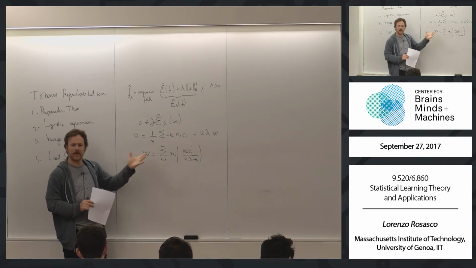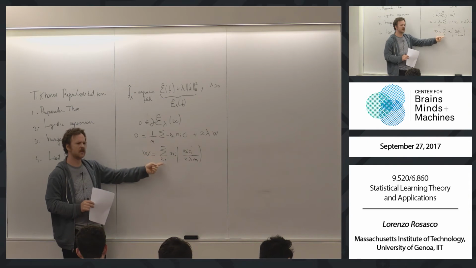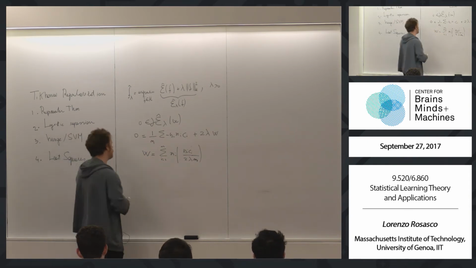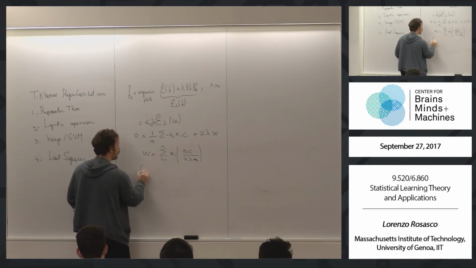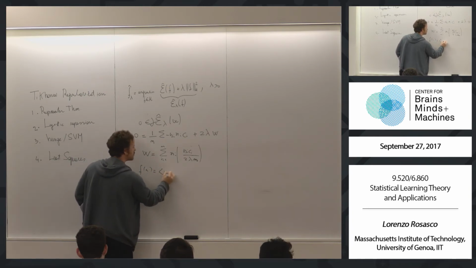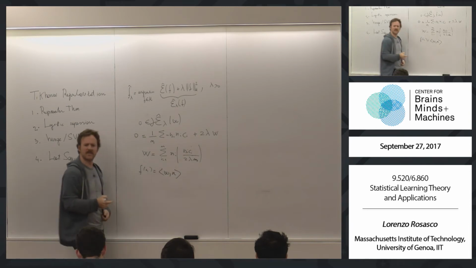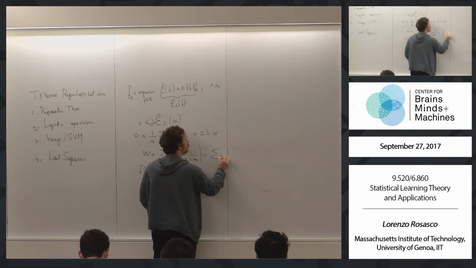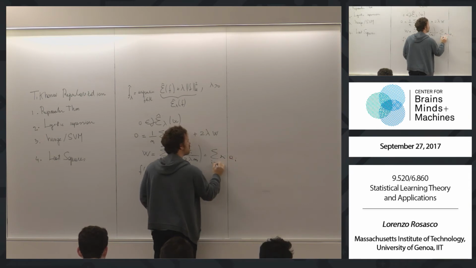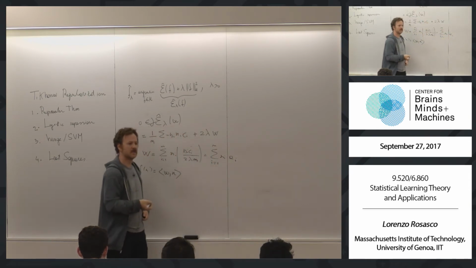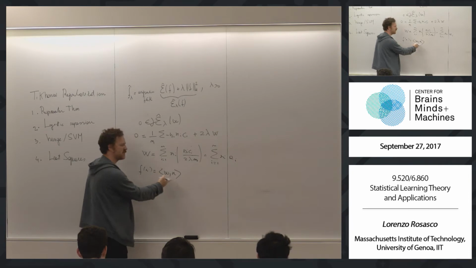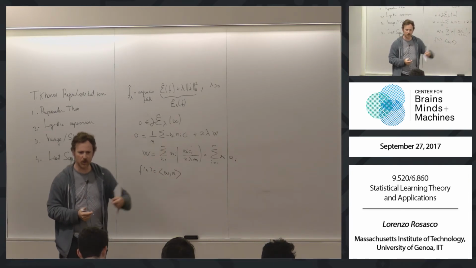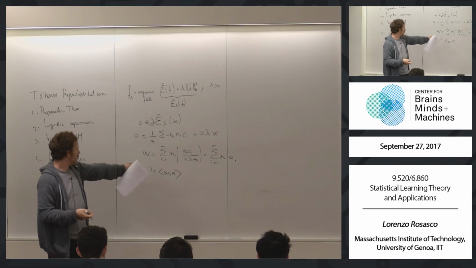Okay, now we are using it, and we can check what this is. If you now were to take not w, but f of x, which is now w x, what kind of name would we give to this? We just showed that this is a linear combination, for some a, of the training set points, which means this w, the one that solves an SVM and hinge loss problem, satisfies the representer theorem.